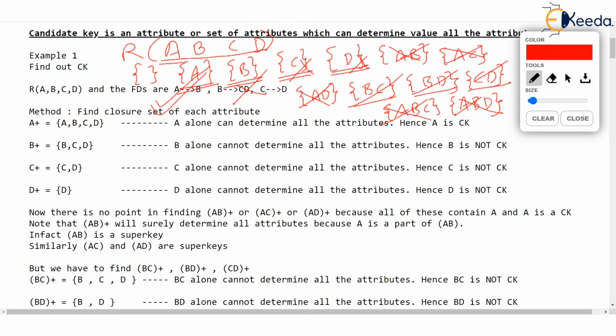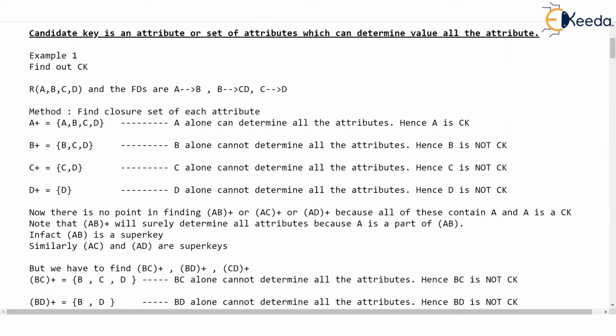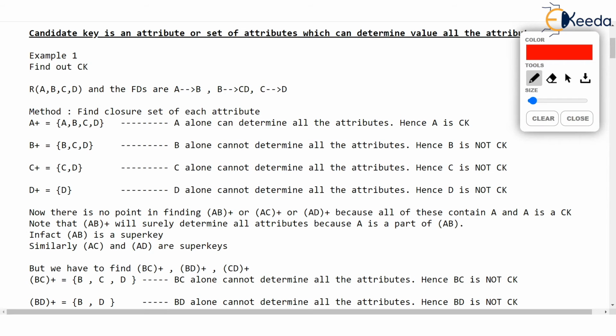So as soon as you find out the smaller candidate key, then you know that whatever is added to that smaller candidate key will be a super key. And then you will never use that attribute for checking whether it is a candidate key or not. I hope you have understood. By the way, in this example, only A is the candidate key alone.